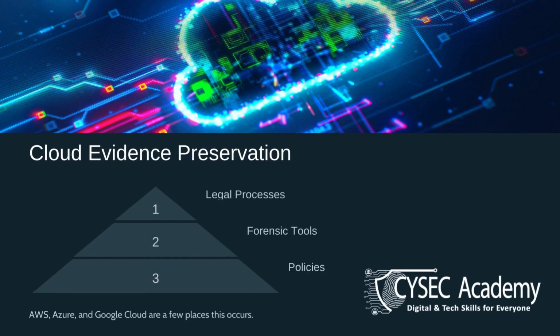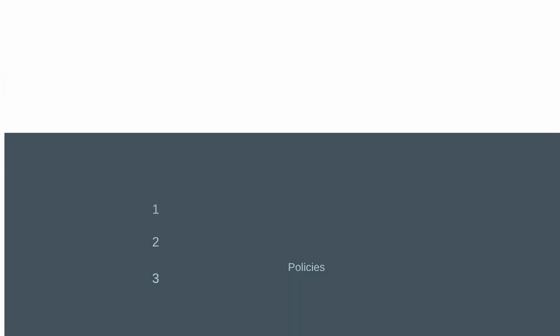Cloud evidence preservation. Preserving cloud evidence involves understanding the data preservation policies of cloud service providers, CSPs. Navigating legal processes for obtaining cloud data often requires subpoenas and court orders to comply with privacy regulations. Forensic tools for cloud environments facilitate the acquisition and analysis of data stored in the cloud.